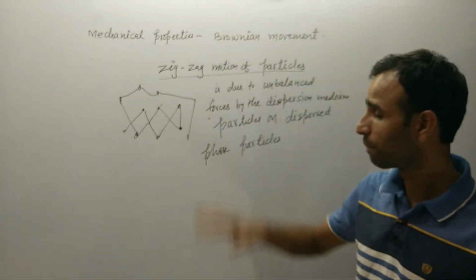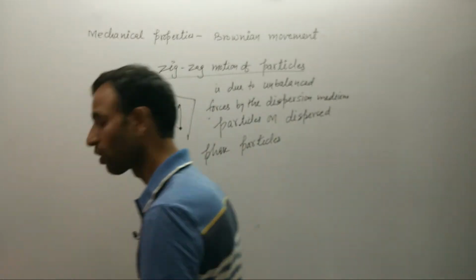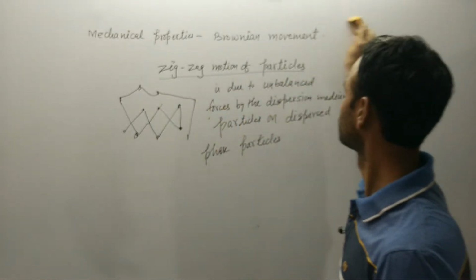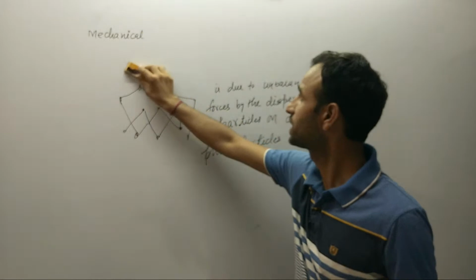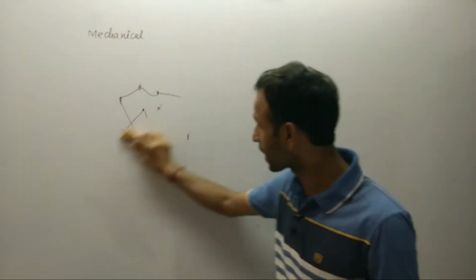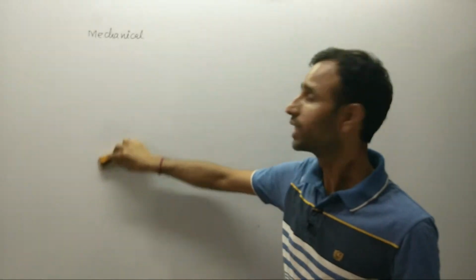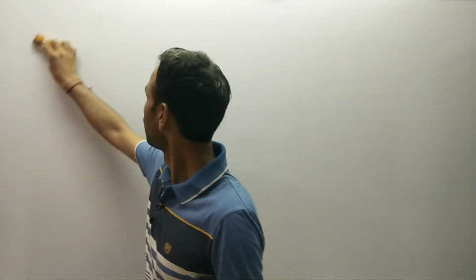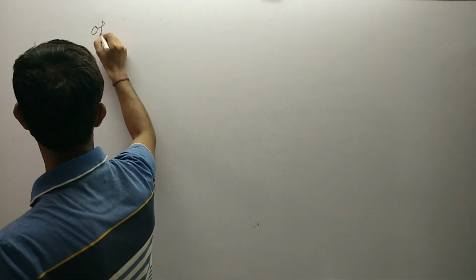So this is a mechanical property, and the cause is that dispersion medium particles strike on or collide with dispersed phase particles with different magnitudes of forces, right? Okay, next is optical properties.